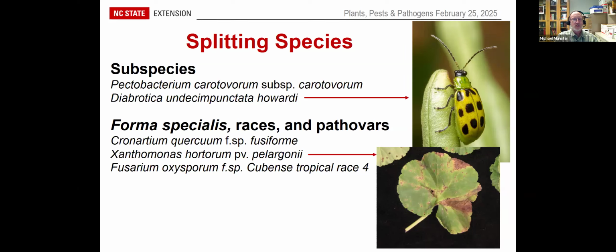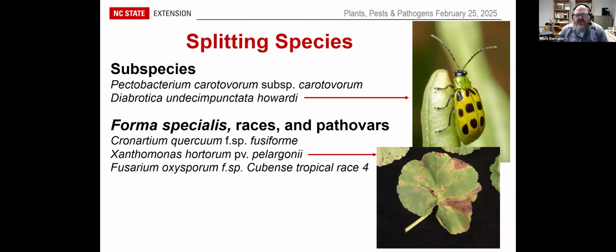Notice how the ending changed to match the gender of the noun there. There are a couple of subspecies, one of which is also called carotovorum. So that is one way that we would divide it. It tends to be more in bacteria that we would see that, but also, I'll let Matt comment about the animals.